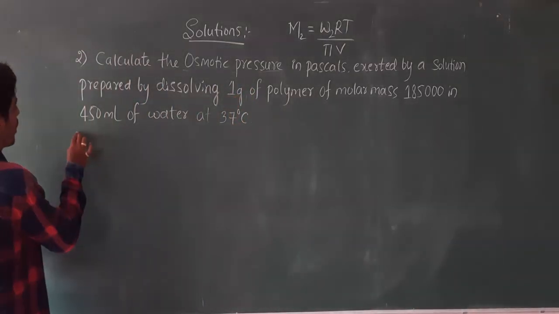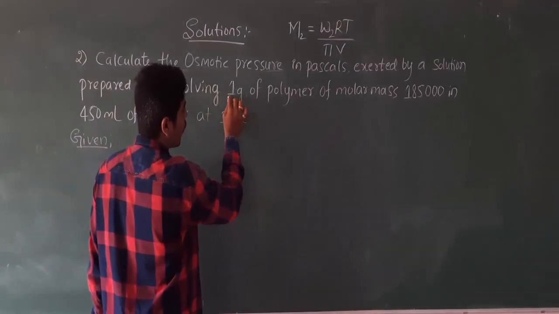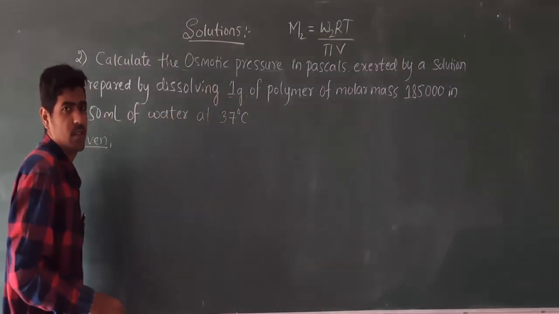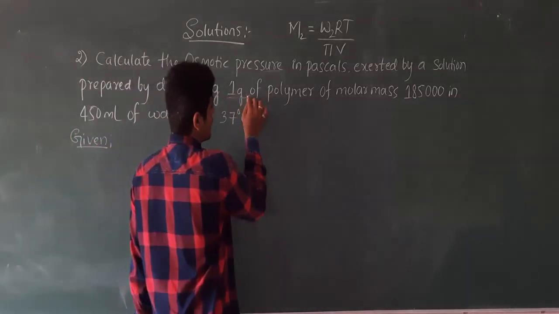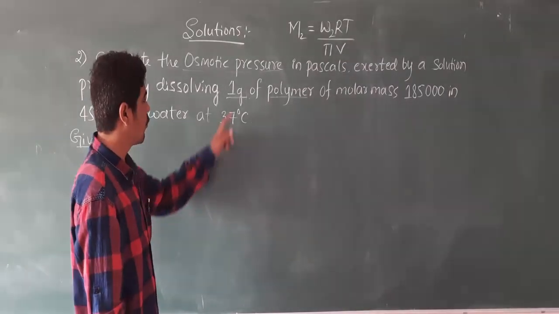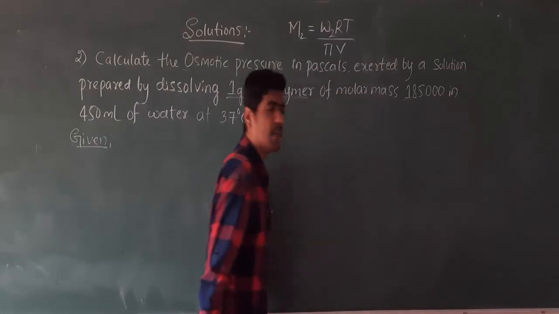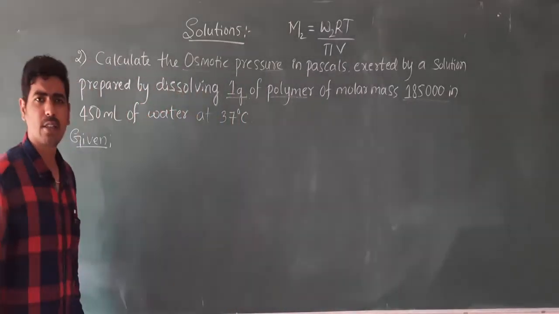Okay. So what have they given? The solution was prepared by dissolving 1 gram of polymer. Here the solute is polymer and its mass is 1 gram. And the molar mass of that polymer is 1,85,000.